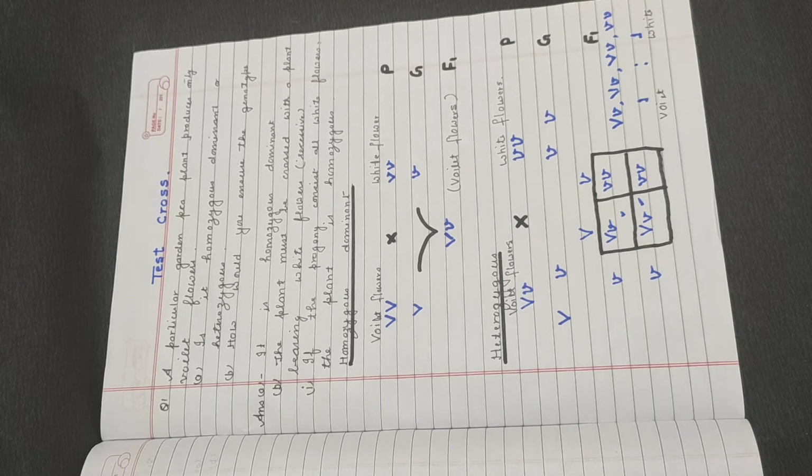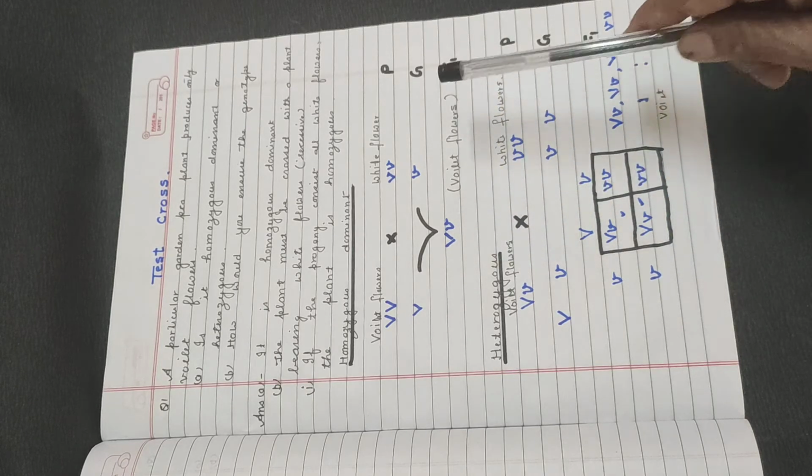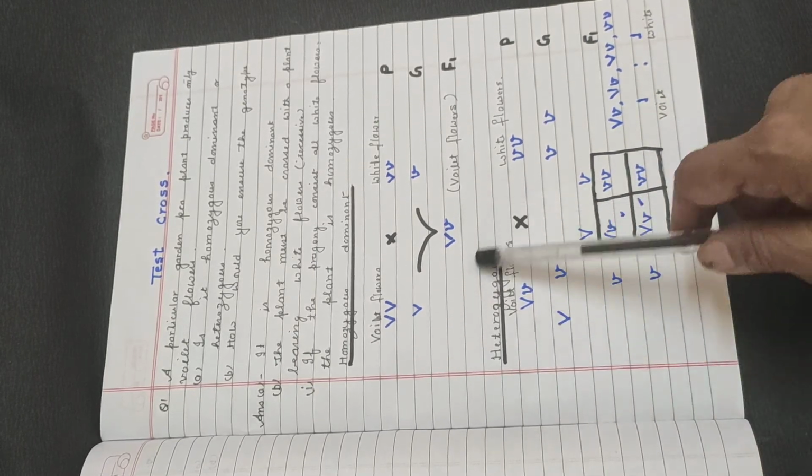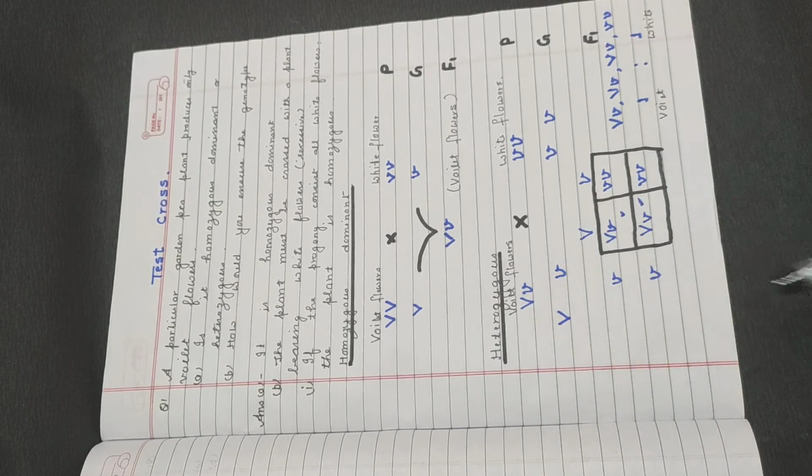So in the answer you will write, if the progeny consists of plants all producing violet flowers, the plant is homozygous dominant. Then the second condition you will write, if the progeny consists of 50% violet flowers and 50% white flowers, this plant is heterozygous.